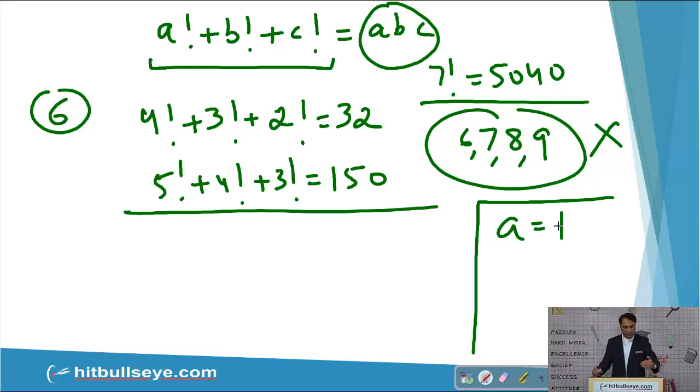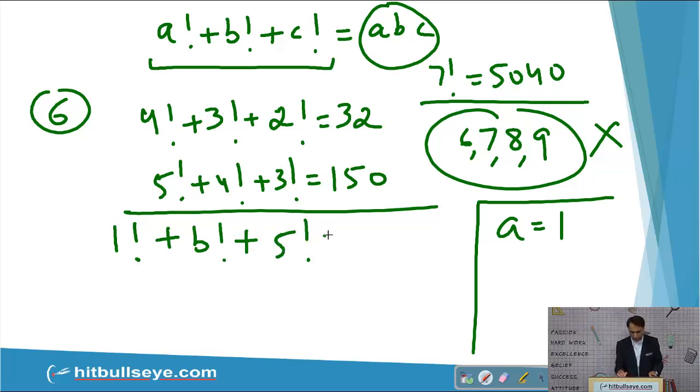Now, till this point, we decide that 6, 7, 8, 9 are eliminated. The value of A is 1 and 5 is definitely there on the left hand side. And since your ABC takes a value which is less than 150, so obviously B cannot be 5, C has to be 5, which means the equation becomes 1 factorial plus B factorial plus 5 factorial is equal to 1B5.